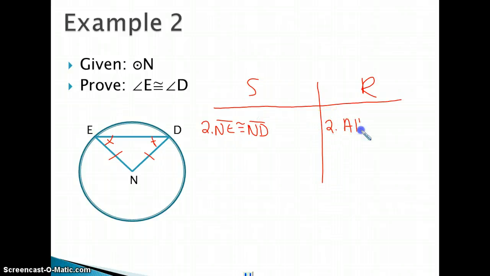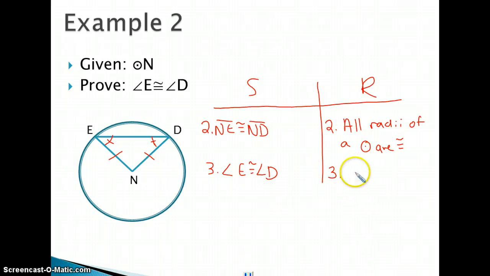And my reason is all radii of a circle are congruent. In addition to that, so I'm going to start with my sides, and then I went to my angles. I'm on to step 3, which is that angle E is congruent to angle D.